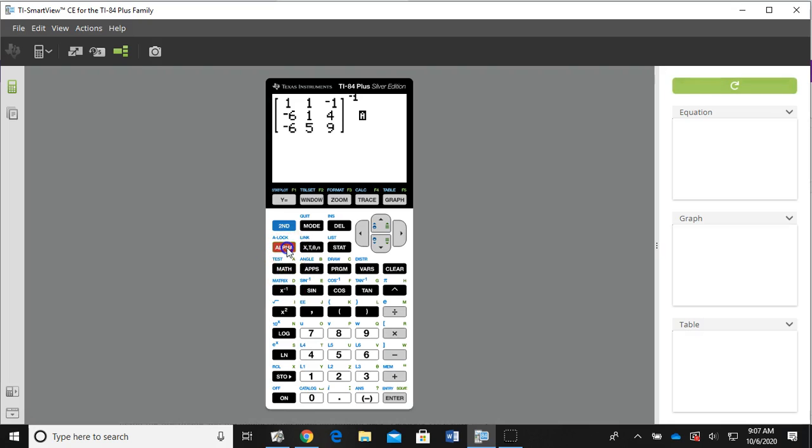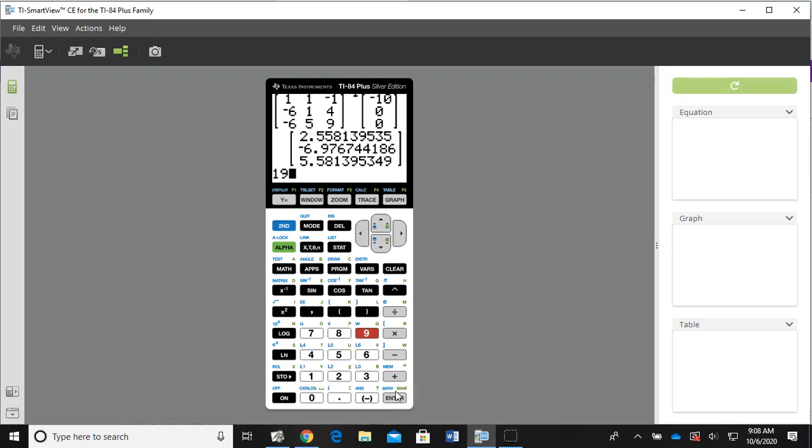And then I hit alpha, zoom, and my constant matrix is how many rows? 3 rows, but only 1 column. Go down, hit OK, and I plug in my constant matrix, which was -10, 19.